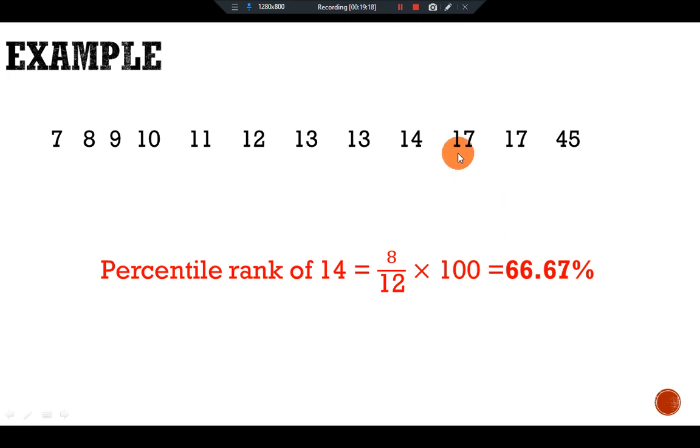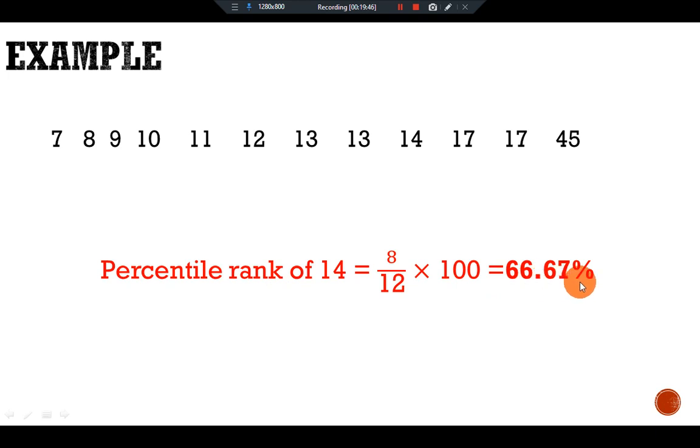If you want to find the percentile rank of 17, you can count the number of observations less than 17. The answer shows 66.67%.